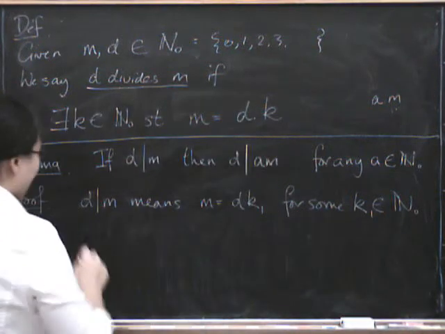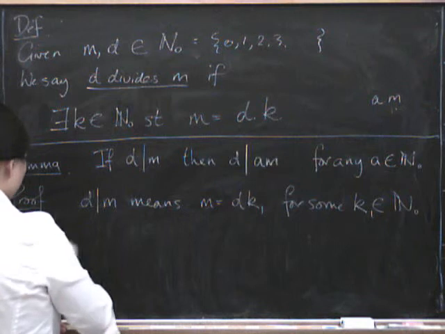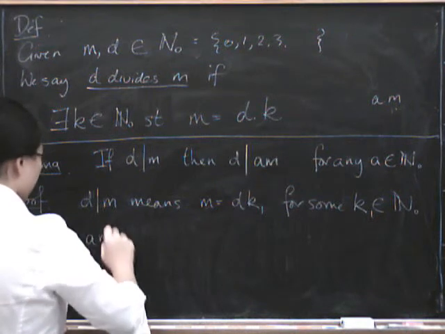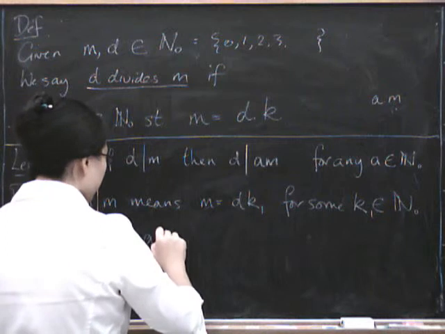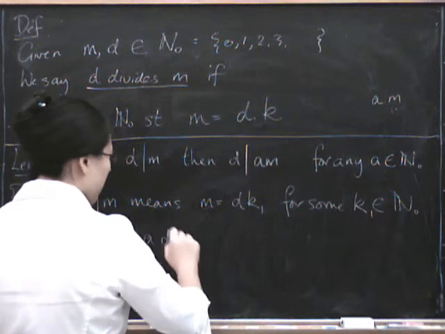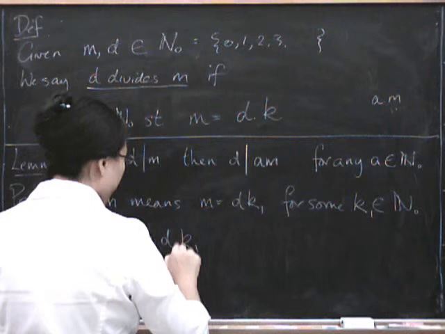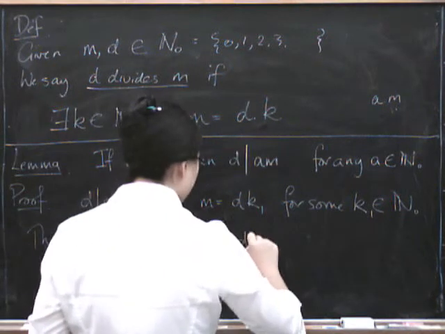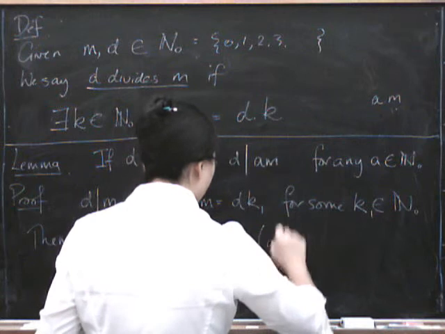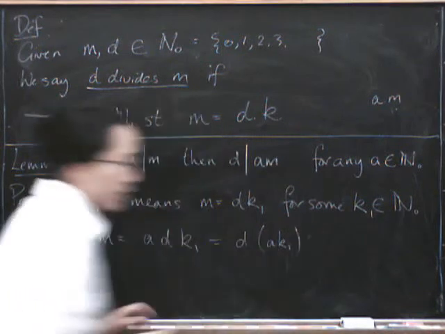So what does am equal? Then am equals, well, this is m, right? So it's a times d times k1. But if we rearrange that, that's just the same as d times a k1, right?